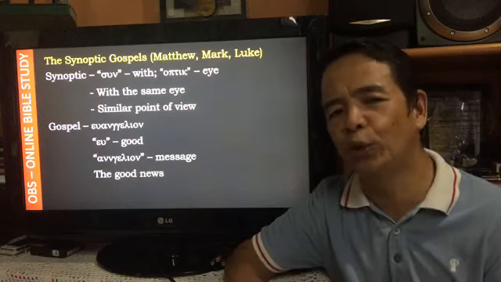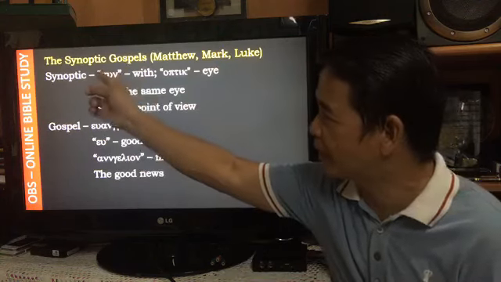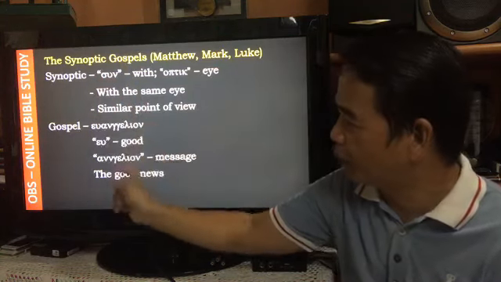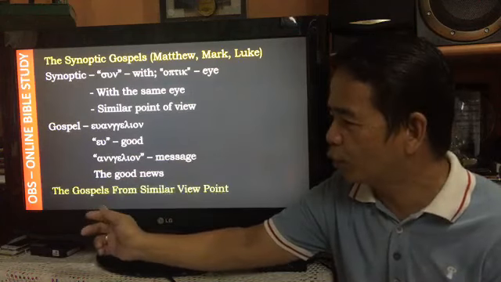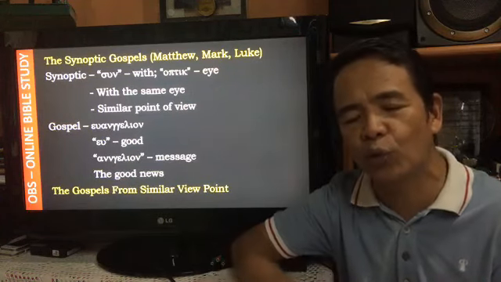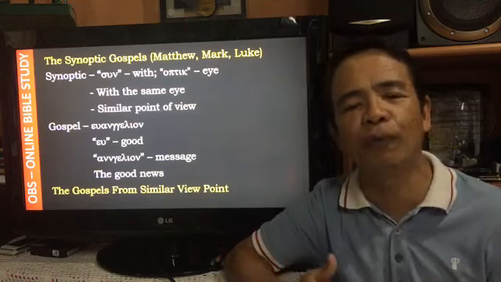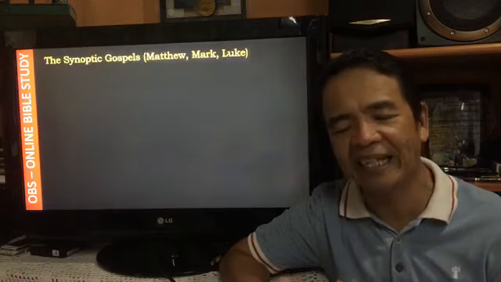Euangelion means the good news. So when we put the two together, synoptic gospels means the good news from a similar viewpoint by three writers.